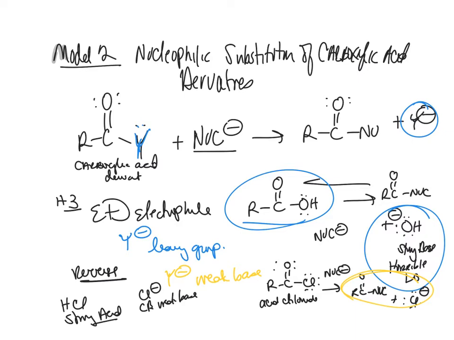In your groups, discuss how the basicity of the Y affects the reactivity of the acid derivative. So acid chlorides are very, very reactive, folks, okay? And that's because chloride is a weak base.